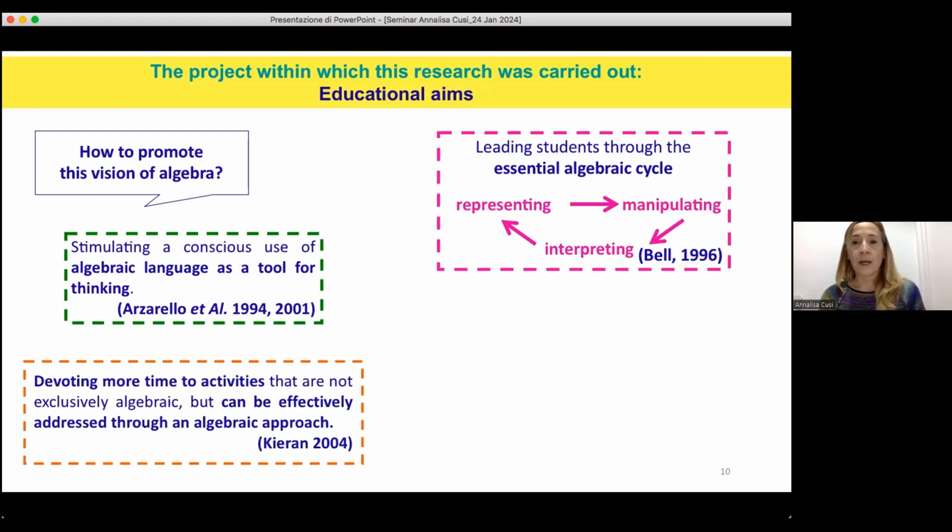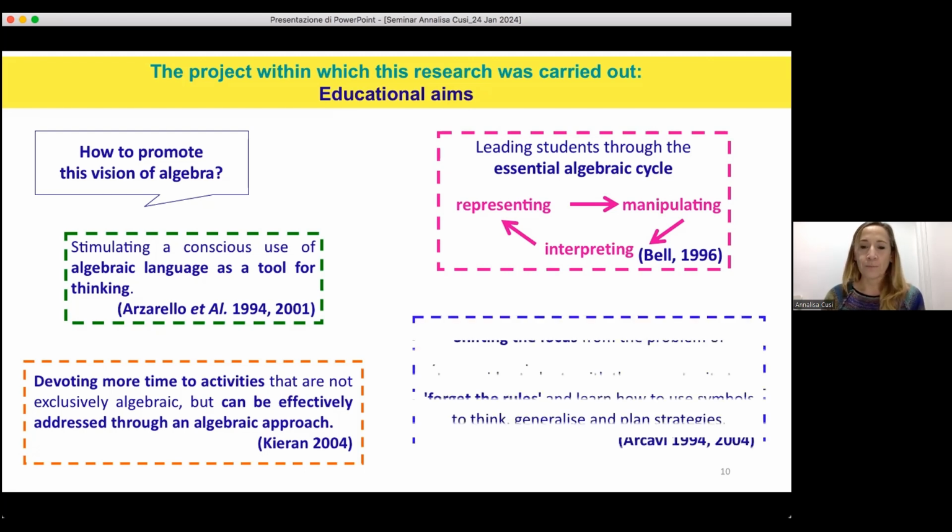It can be done by devoting time not only to syntactical activity like what I said before, solving equations, simplifying expressions, and so on, but also, as Kieran suggested, devoting time to activities that are not exclusively algebraic, but can be addressed in an effective way through the use of algebraic language.